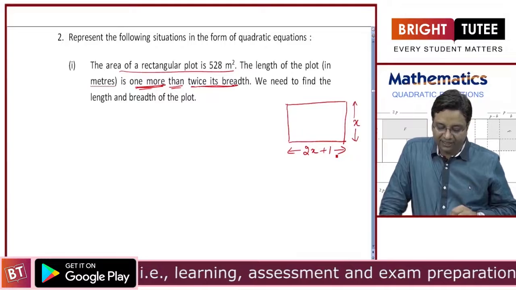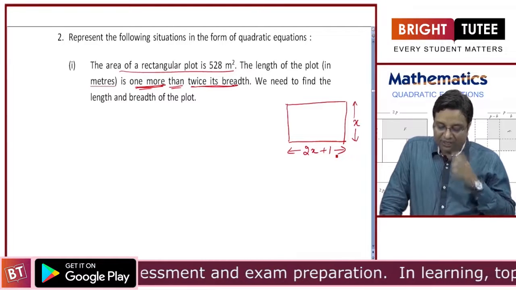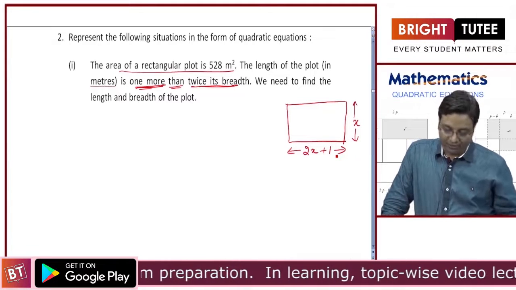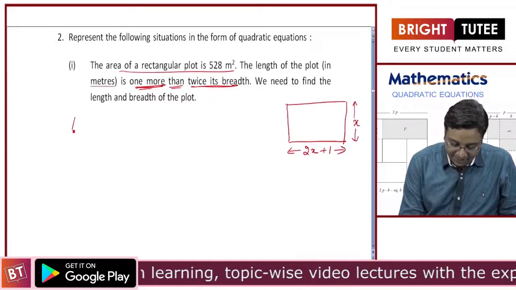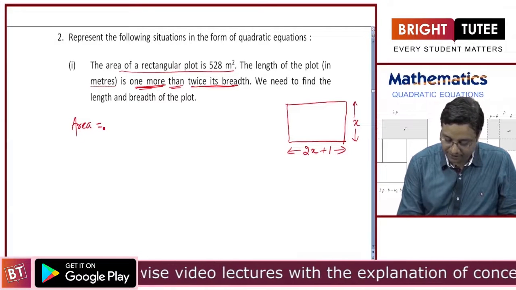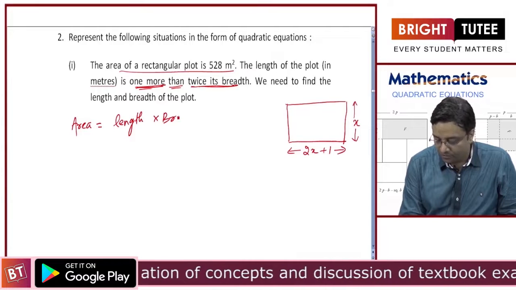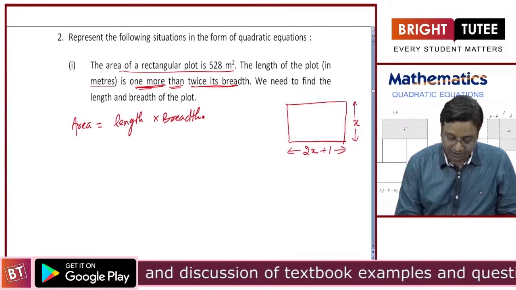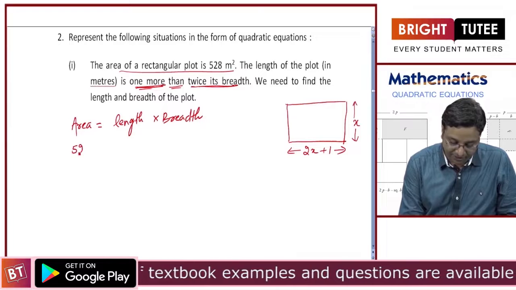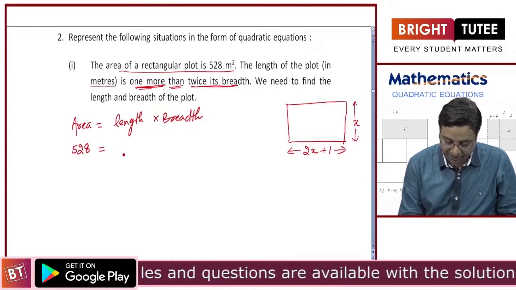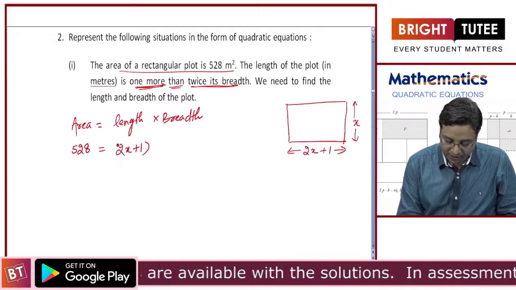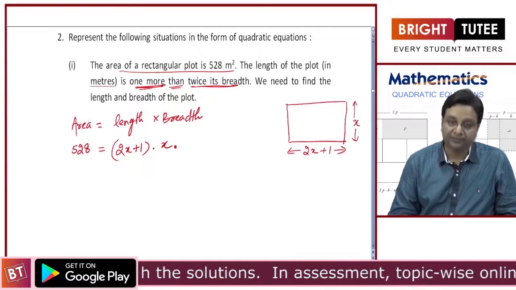We need to find the length and breadth of the plot and we need to represent this in the form of a quadratic equation only. So, what is the area of a rectangle? It is length into breadth. So, the area given is 528 and what is my length here? It is 2x plus 1 and what is the breadth? It is x.